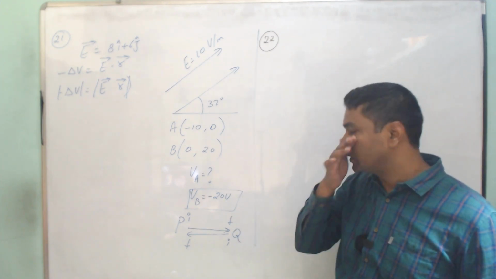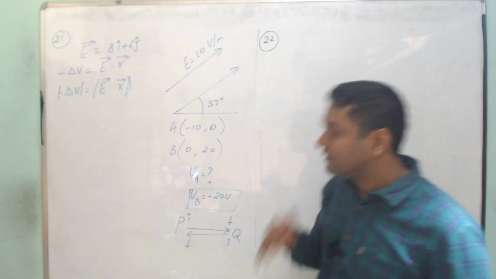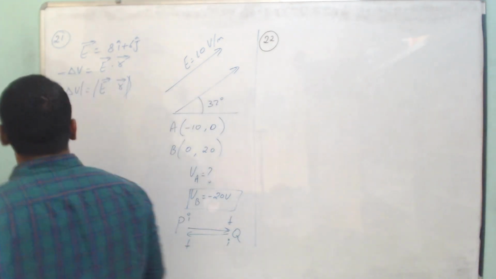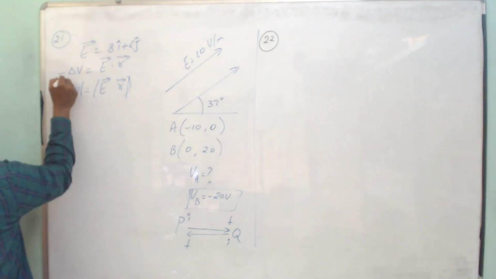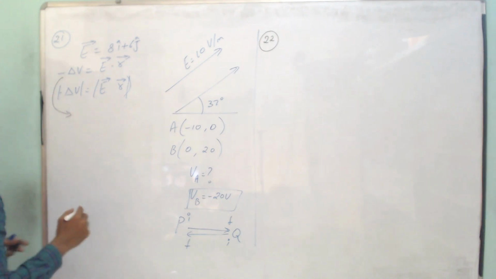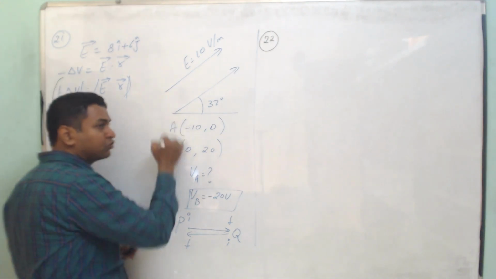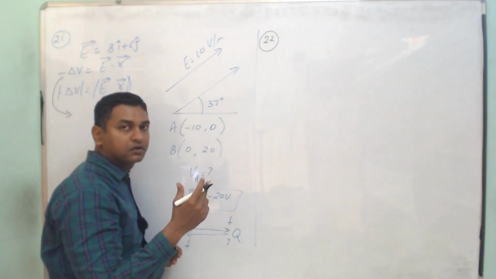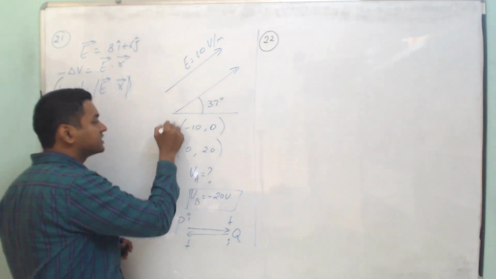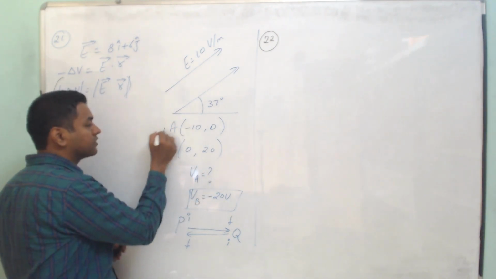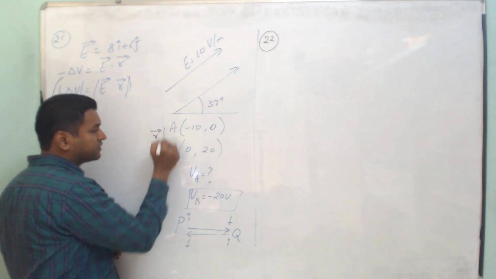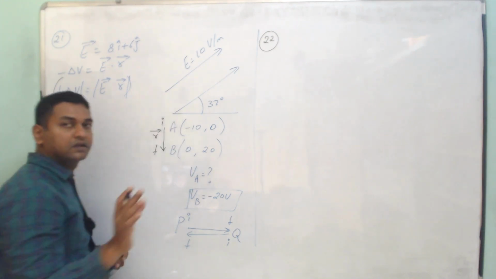Now, let me first apply this story. Do you want to take A to B or B to A? Let's take AB as my R bar. That means B will become my final, A is my initial.